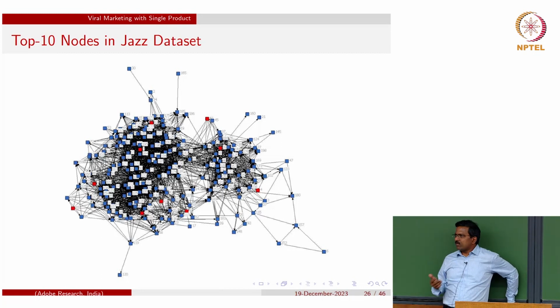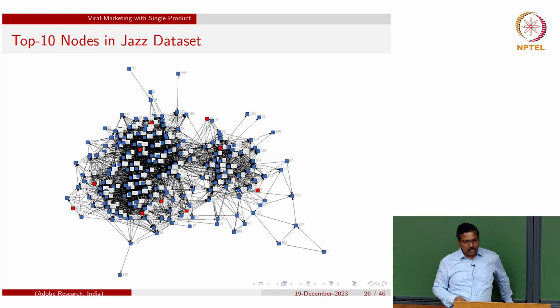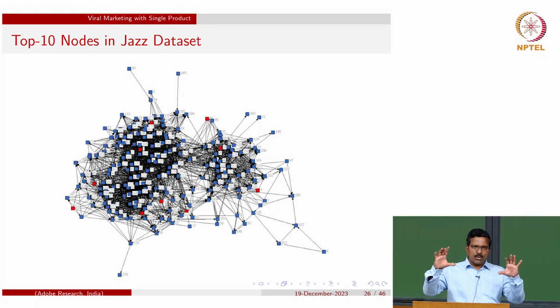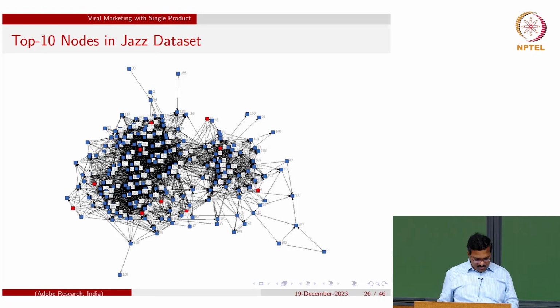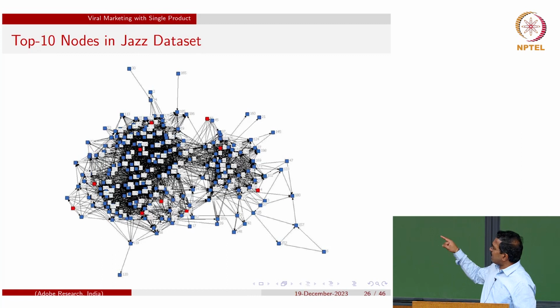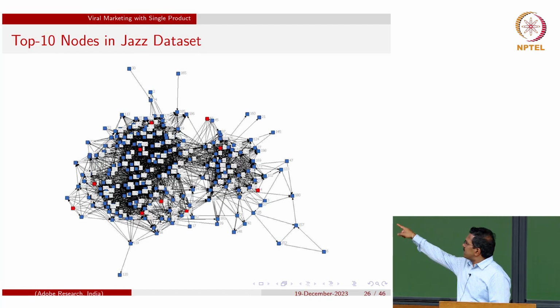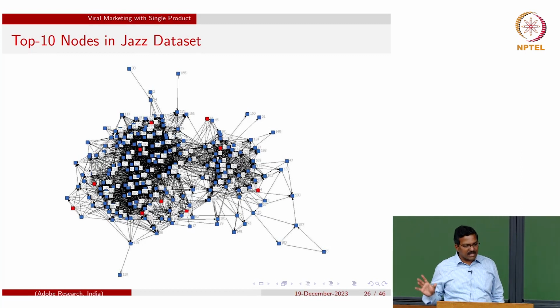So from a fairness point of view, it is not good actually. You have to select these k nodes in such a way that you try to cover the network as much as possible. So in our solution, we take that fact into consideration. That's where you see the red nodes are the ones we selected using our SPIN algorithm. Visually also you can observe that they're all spread across the network.